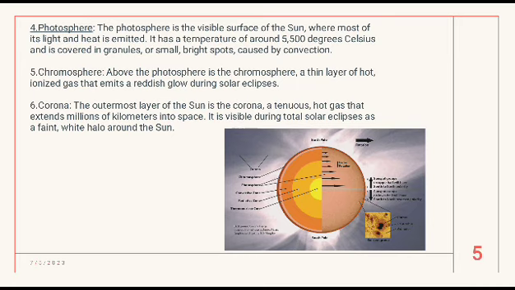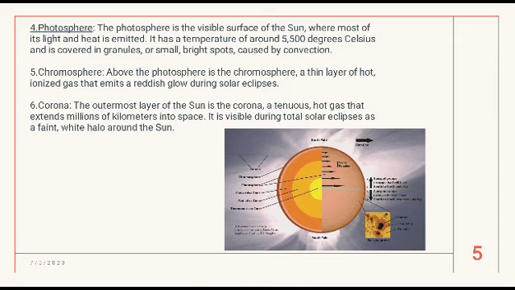It is the visible surface of the sun, where most of its light and heat is emitted. It has a temperature of around 5,500 degrees Celsius, and it is covered in granules, small bright spots caused by convection.